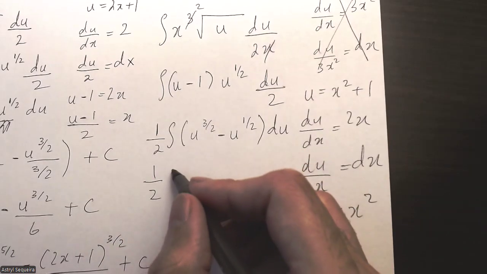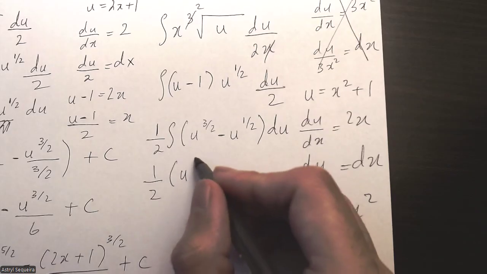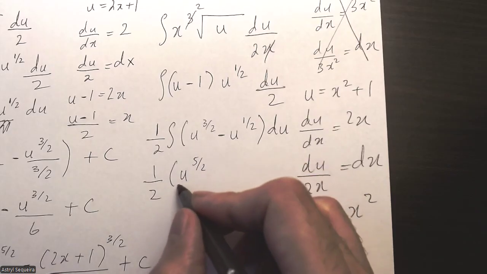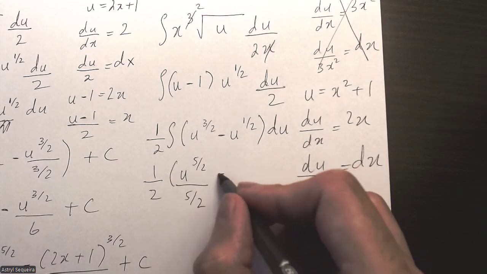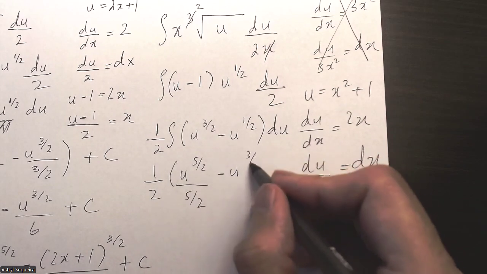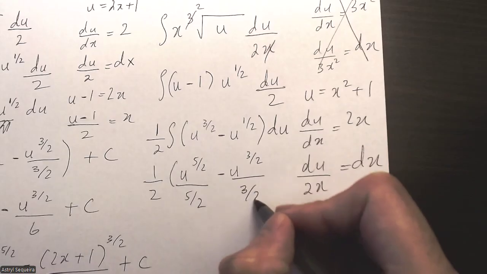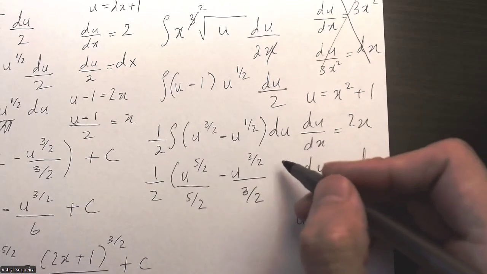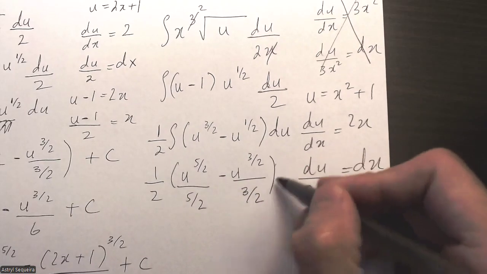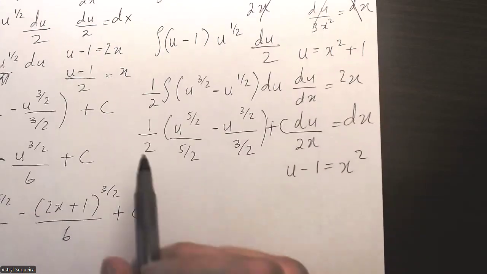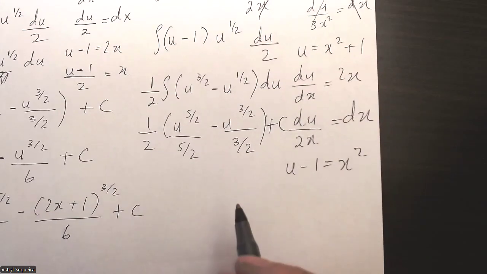That's just u to the 5 over 2 divided by 5 over 2 minus u to the 3 over 2 divided by 3 over 2 plus c. Just have to simplify by multiplying this 2 over there.